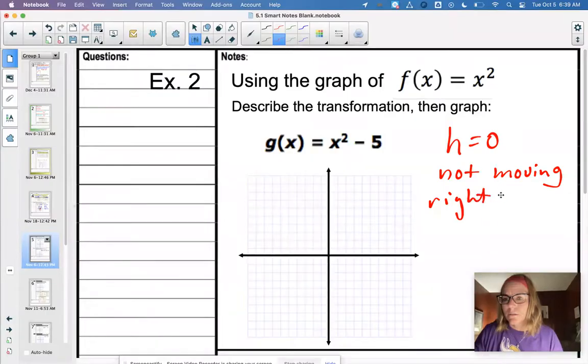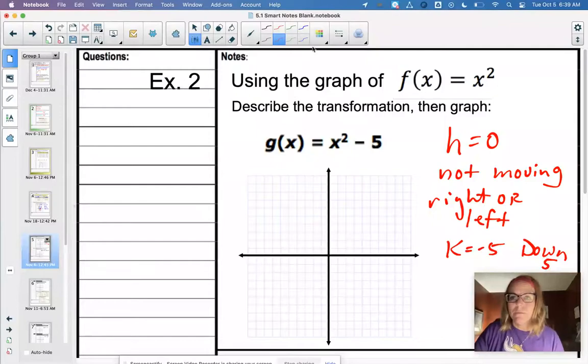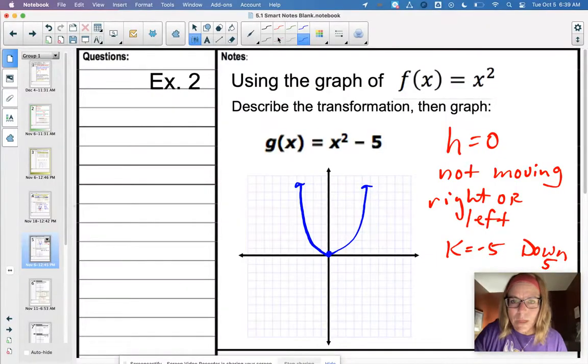right or left. And we know that k is -5. So we are going down 5. So again, the parent function is right here. And the new function, I take that vertex and I go down 5. 1, 2, 3, 4, 5.